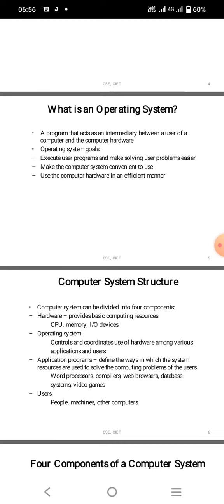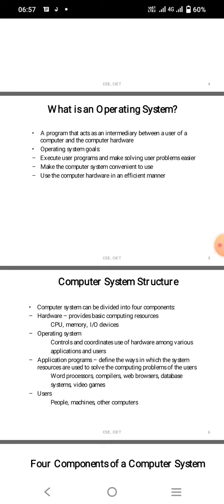Third is the application programs, which define the ways in which the system resources are used to solve the computing problems of the users: word processors, compilers, web browsers, database systems, video games. And the last one is the users: people, machines, other computers.